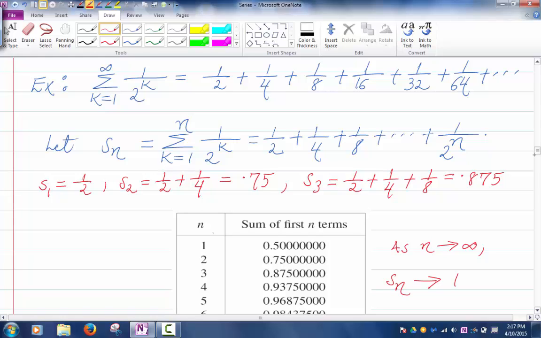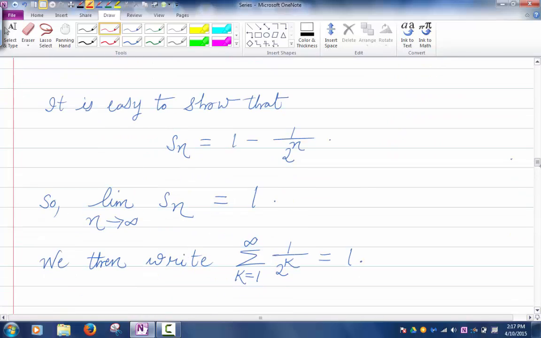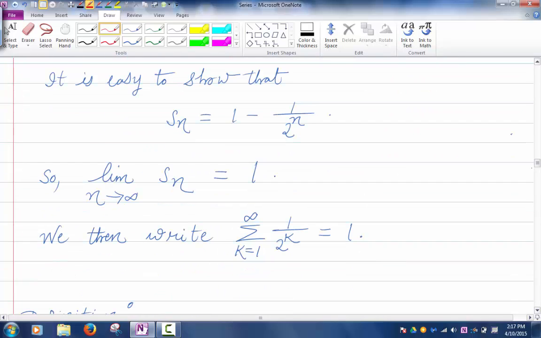In this case, Sn is again a half plus a fourth plus a 1/8 plus up to 1 over 2 to the n. Now, I can show that Sn can be written as 1 minus 1 over 2 to the n. How did I get there? I'm not going to show the details here.